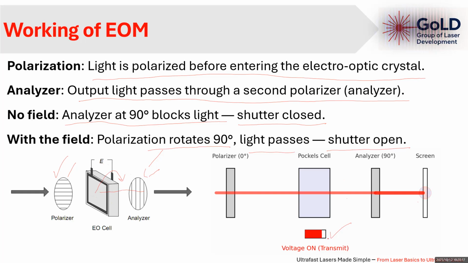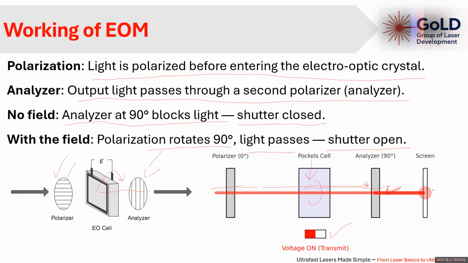When the voltage is off, light is not passing through the analyzer, because this polarization, which is passing through here, this polarizer is not allowing this one to pass through. When this Pockels cell becomes active, then the polarization will be changed, and then this light will pass through here. Okay, and we can see.